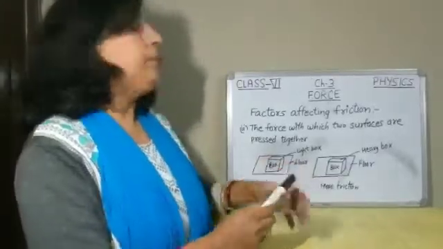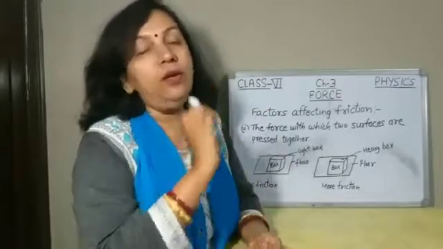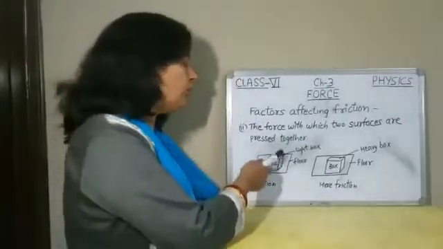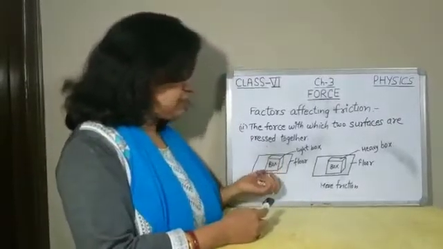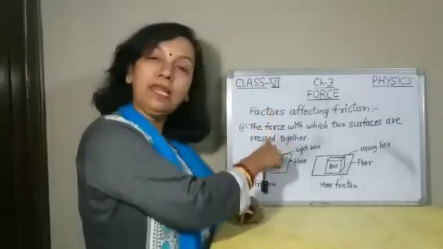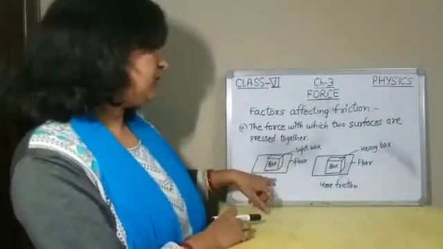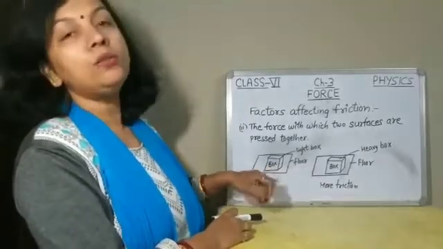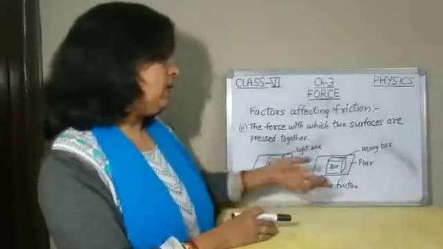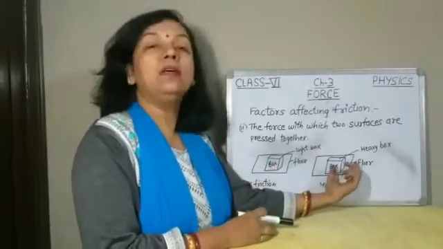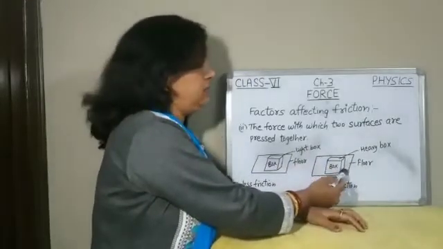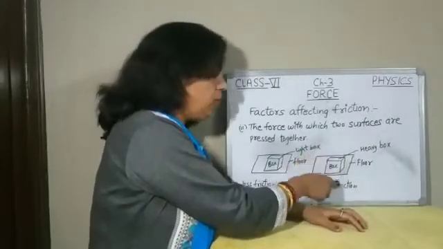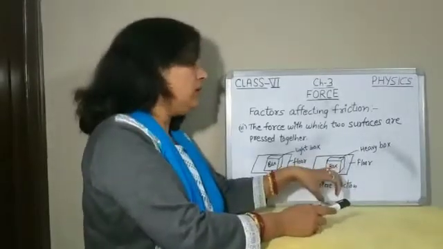Now we know the weight. Weight is the gravitational force acting on a body. So because of its smaller weight, the light box presses on the floor with less force, and hence the friction between the floor and the box is less, while due to its greater weight, the heavier box presses much harder on the floor.